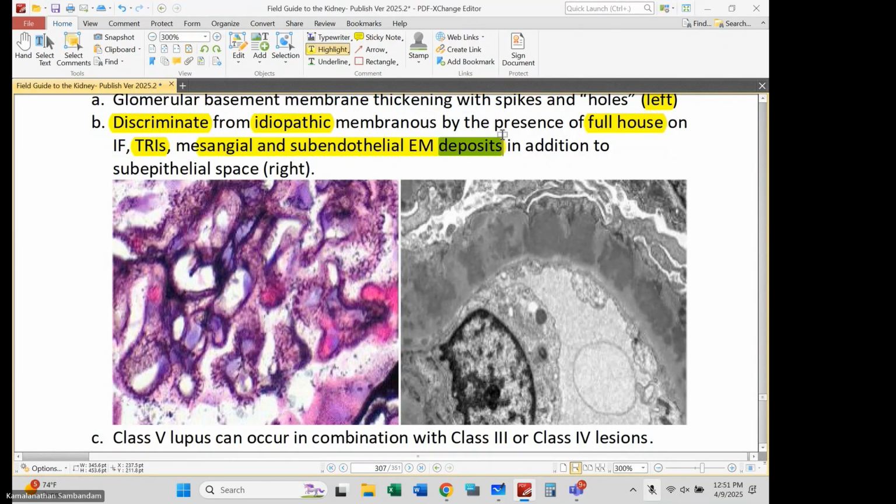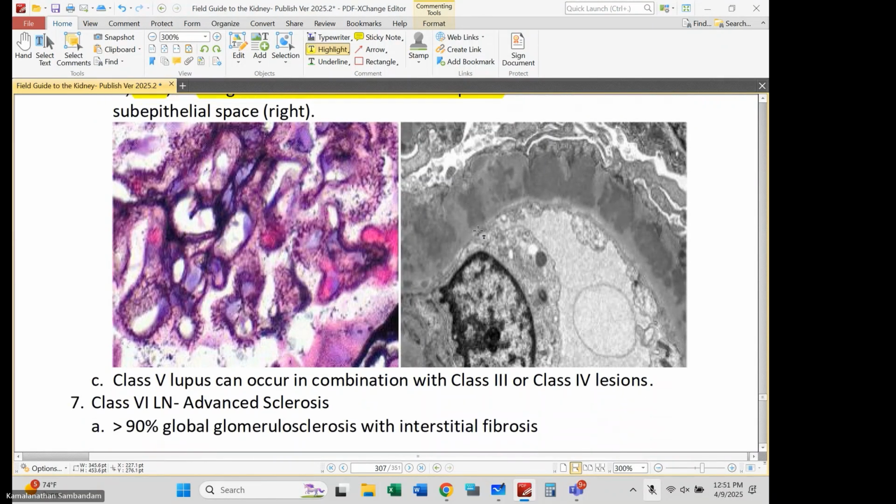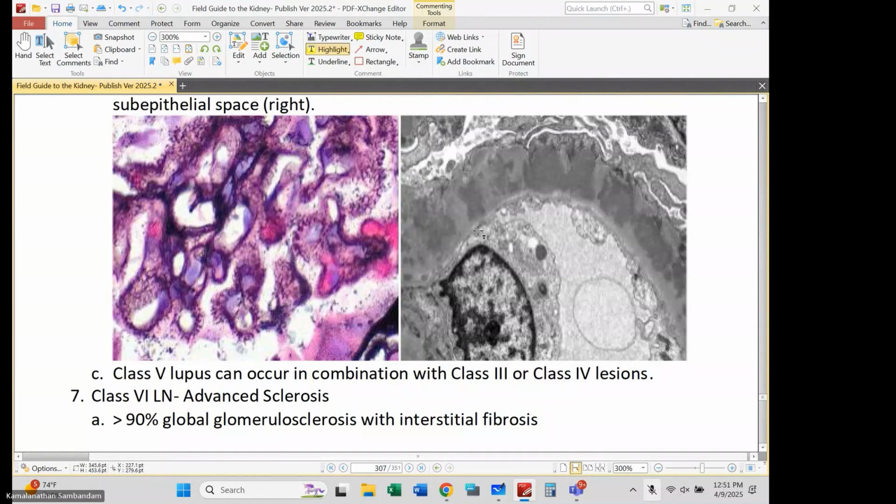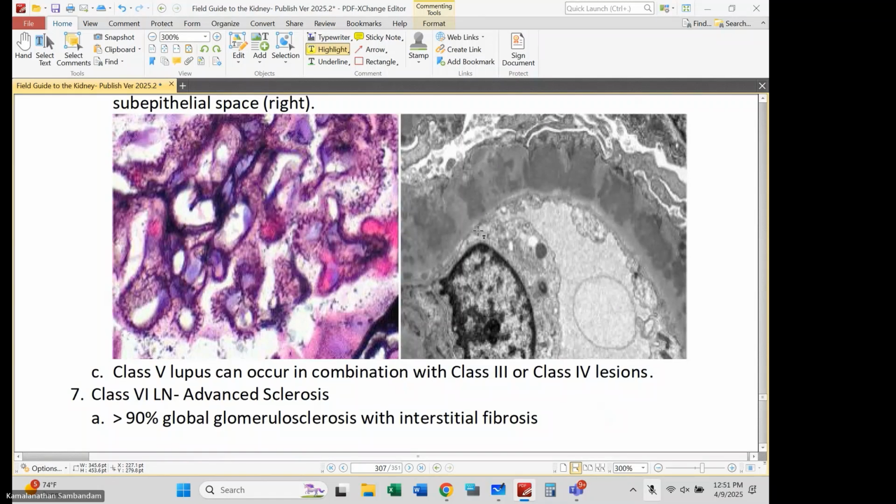If deposits exist beyond simply the subepithelial space, you see deposits in the mesangial compartment, the subendothelial compartment, then I am more likely to call that a secondary membranous. And of course, if it's full house and TRIs, I'll call that most likely a lupus membranous, as opposed to some other secondary membranous.